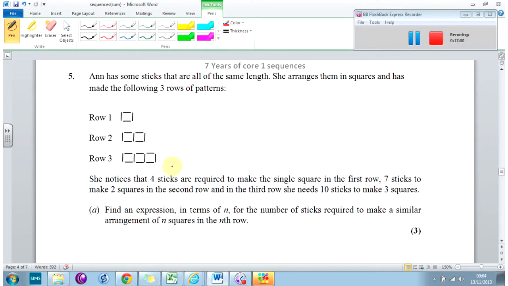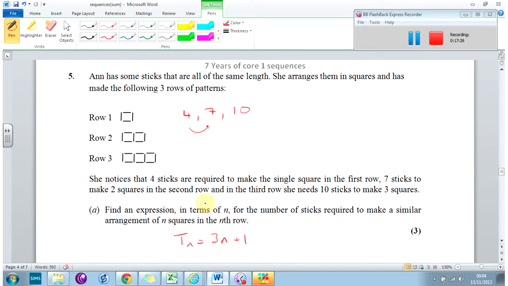Alright, question 5, 17 minutes in. Anne's got some sticks of the same length, she arranges them into squares, and so on. Right, okay, so we've got a sequence here, we've got a 4, 7, 10 sequence. It's going up in threes, so the nth term rule for that is clearly 3n plus 1.